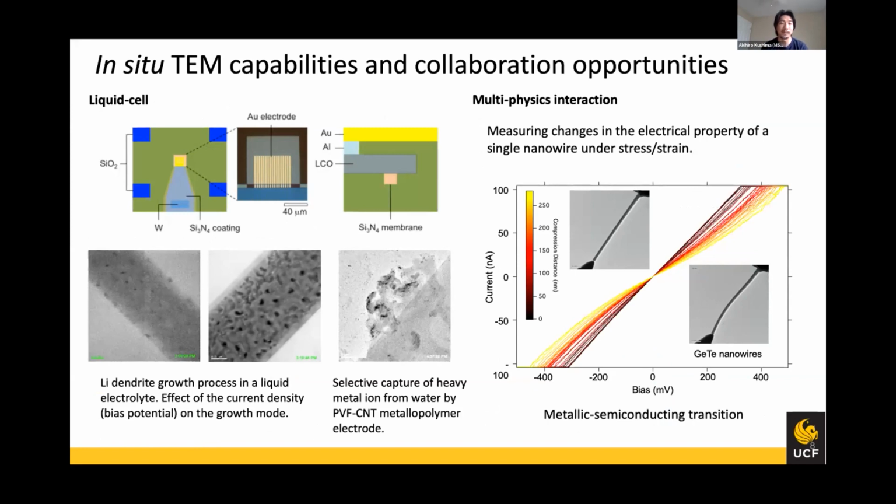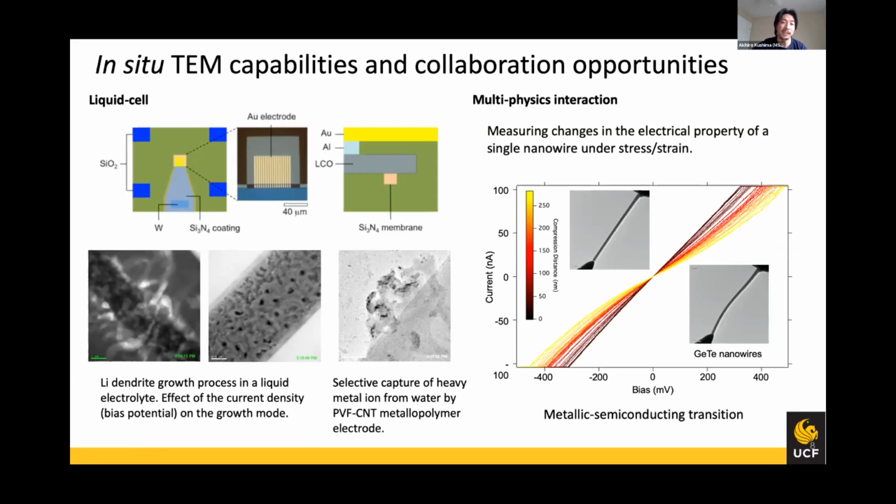It's a liquid cell microscope. So you can look at these reaction processes and actually see the dendrite growth in the actual liquid environment. It's been very difficult to do this kind of liquid experiment because inside the TEM it's a high vacuum, so if you put any liquid inside, the liquid will evaporate and you can no longer see the reactions.